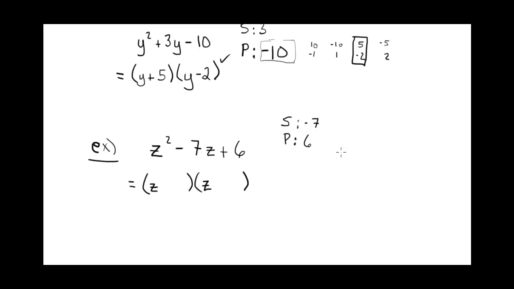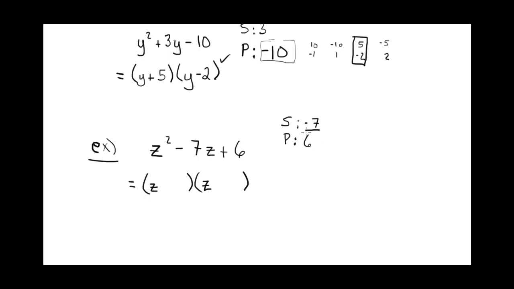Okay, one thing to notice about the signs here is the product is a positive number, and you might think, okay, it's two positive numbers multiplied to a positive. But notice the sum is negative. So since the sum is negative and the product is positive, that means that we need two negative numbers, because remember, two negative numbers also multiply to a positive, and two negative numbers would also add to a negative number.